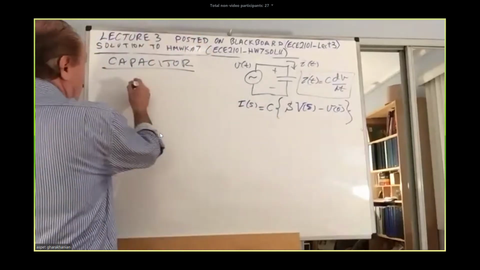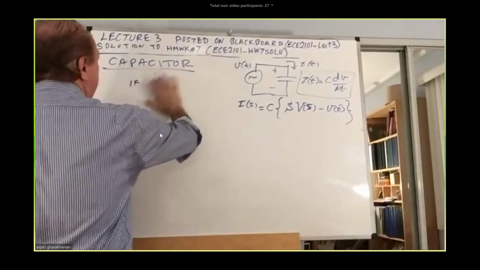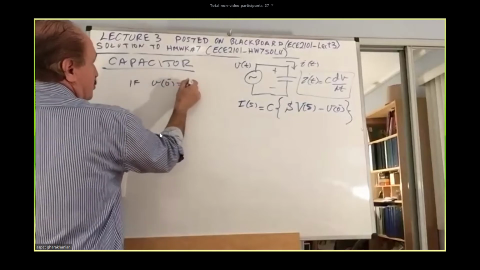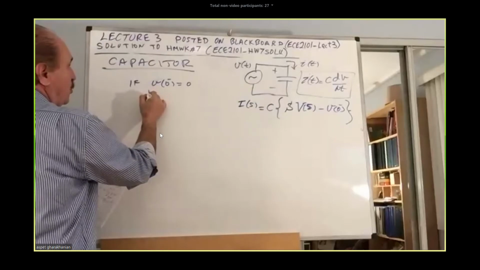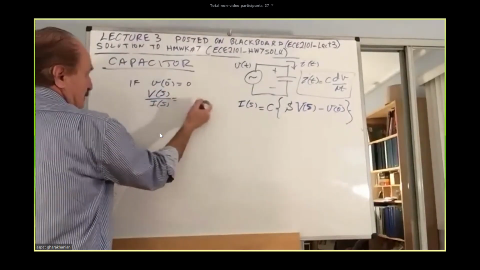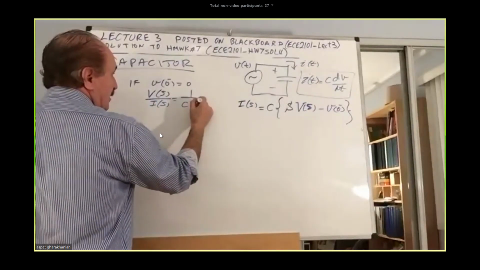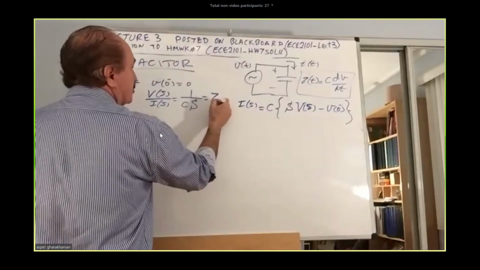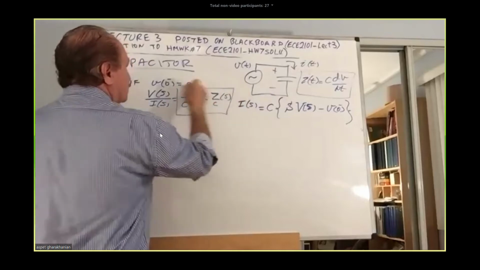So, assuming V of 0 minus was 0, that is, the initial condition was 0, then the ratio of V of s to I of s will give us a quantity called 1 upon Cs, which is known as Zc of s, the impedance of the capacitor.